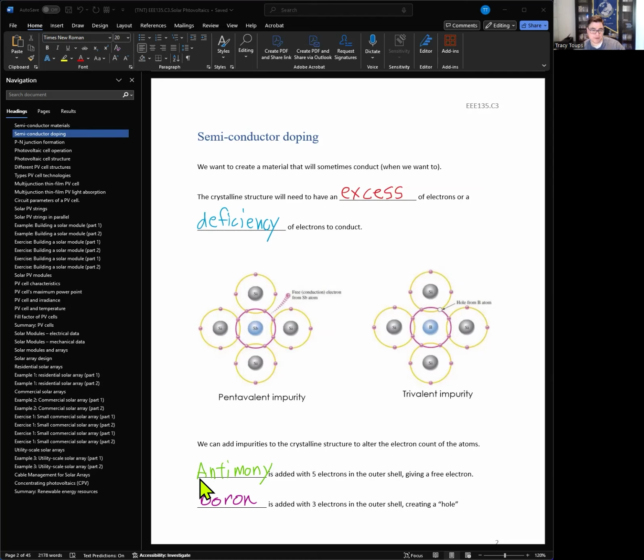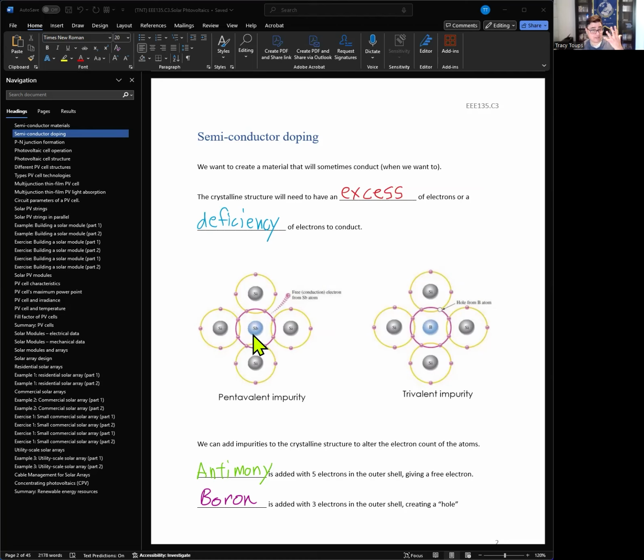One thing we could do is put antimony, which is another element. This is element atomic weight 15, because it's one more than 14, so it has an extra electron. So in the lattice structure, we could put an atom of antimony here, and remember, it wants 8 electrons in the outer shell.